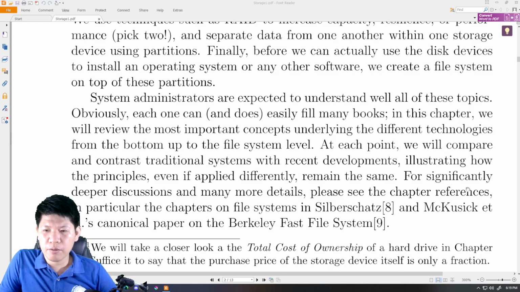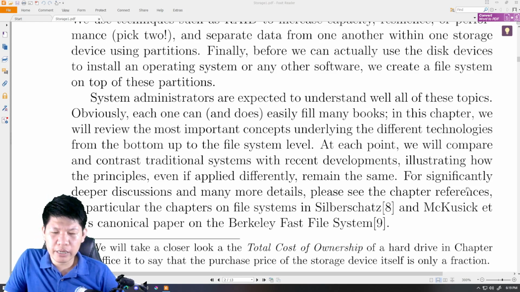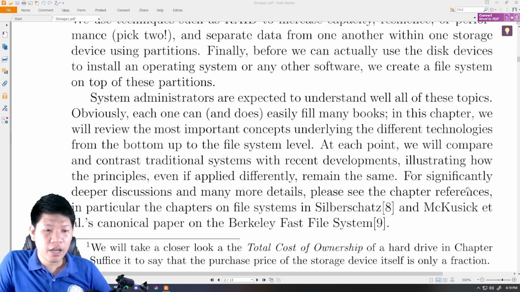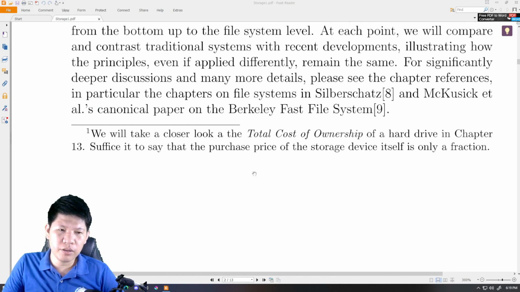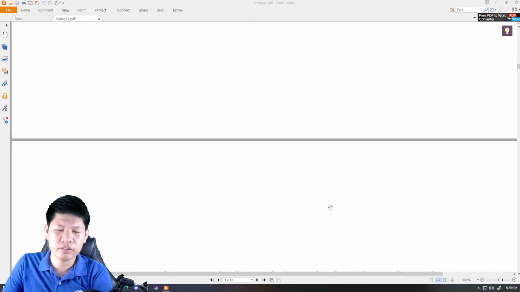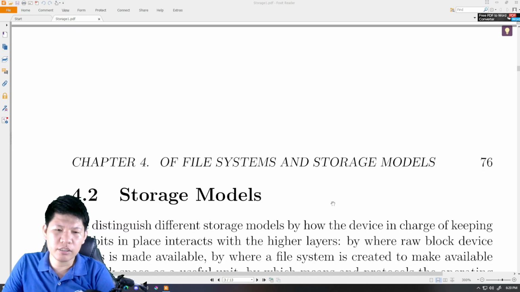And by Mark Kirk McKusick, the canonical paper on the Berkeley Fast File System is another one. Mark McKusick has co-authors; Silberschatz is a single author. So we will take a closer look on the total cost of ownership of a hard drive. That's for chapter 13, but not for now.